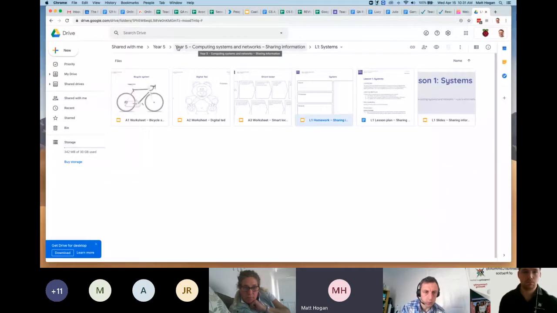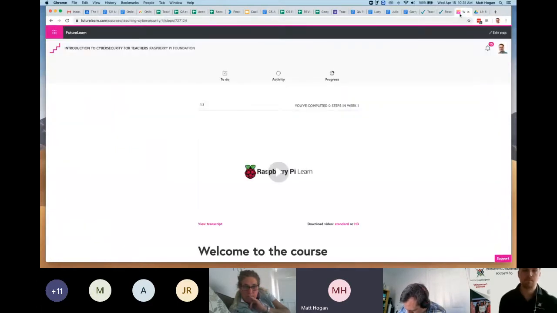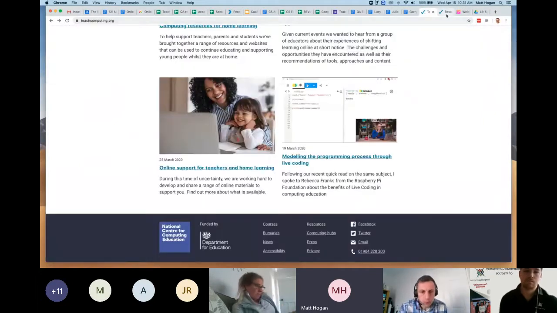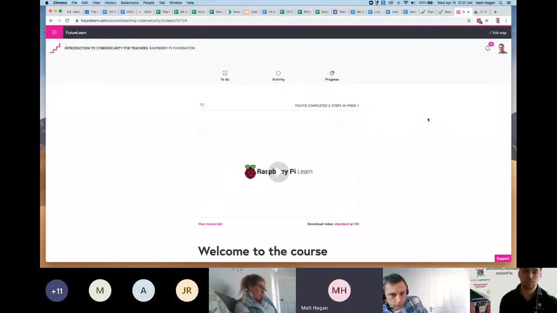Everything is there, and everything's editable for teachers, so you don't have to use it as is. Depending on the ability of your students, you may want to use some in different year groups and see how they all fit into your curriculum.